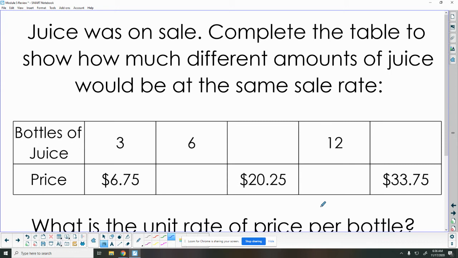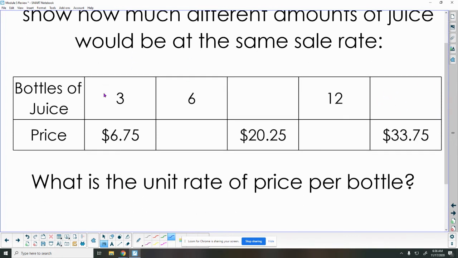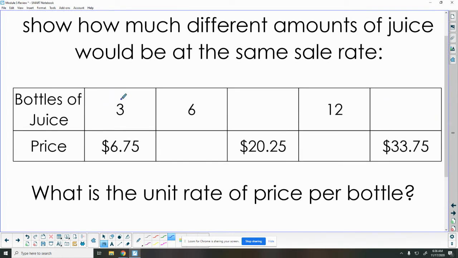Hey, we've got juice on sale here. Complete the table to show how much different amounts of juice would be at the same sale rate. So all of these should be equivalent. So I notice here 3 to 6 is times by 2. So I want to times by 2 here. That will give me this number.